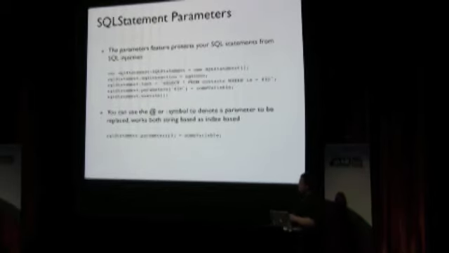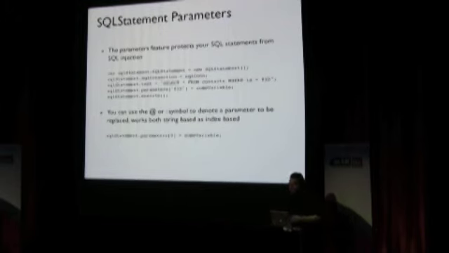Now, SQL statement has something very interesting when you want to make sure you're not suffering from the risk of SQL injection, which is a risk you run when you use string concatenation in your SQL queries. Now, what you do to bypass this is basically using parameters. So you can use an @ sign or a colon sign, and in this little snippet of code you'll see select star from contacts, where ID is parameter ID.